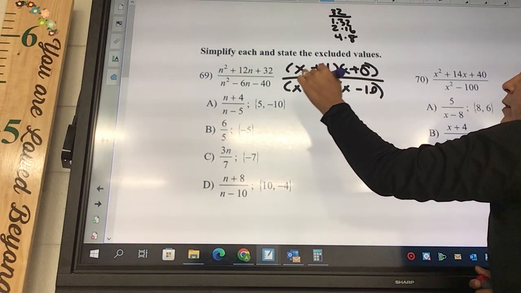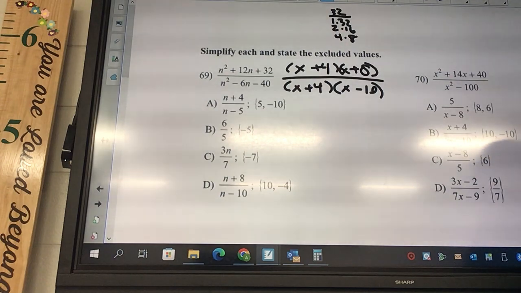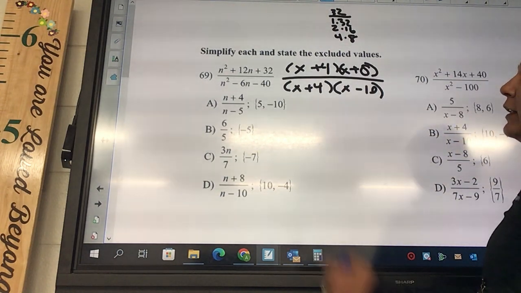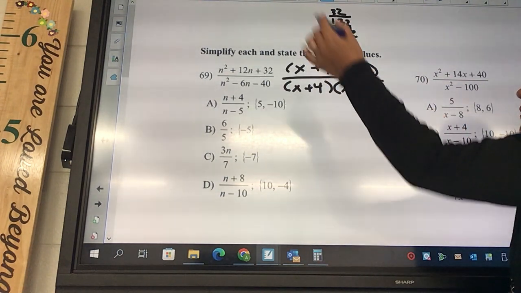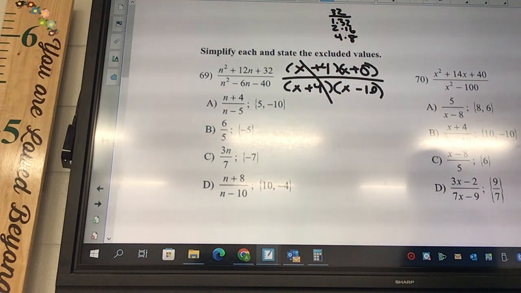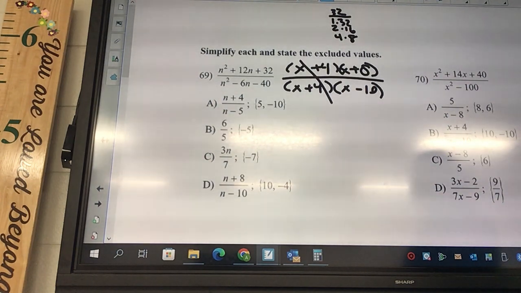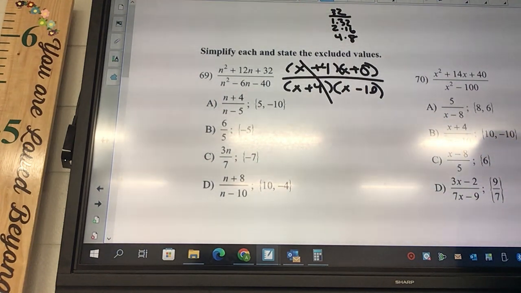Okay, so if we look at these, what's gonna cancel? The 4s. So what's my answer? Of my answer choices. Oh, D.